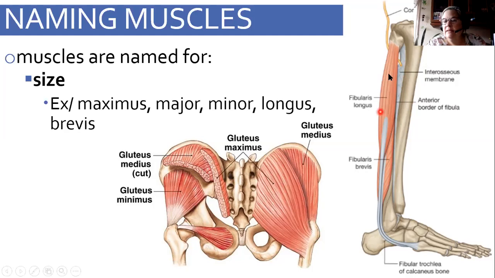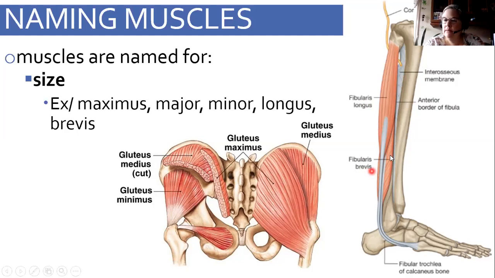Here, if we look at this muscle, we see fibularis. So we know it's attached to our fibula. So that's where it's attached to the bone part, right? So it has that part of its name. But longus means long. So it's a long muscle that's attached to our fibula. Here is fibularis brevis.